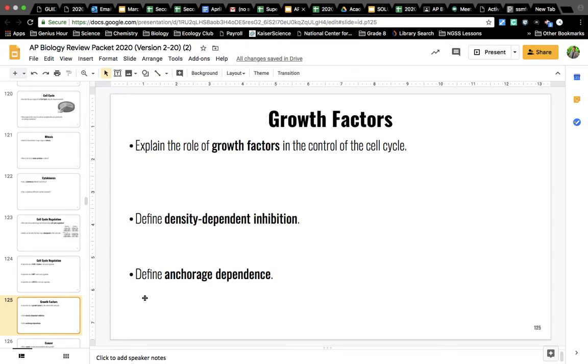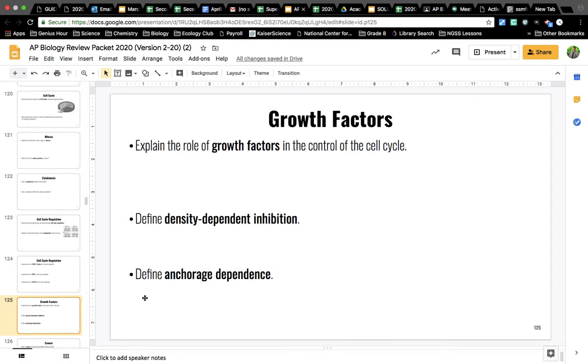Now, density-dependent inhibition and anchorage dependence are very important. So density-dependent inhibition, density, how many things are there? So crowded cells: you place a cell on a petri dish with a growth medium. That cell will continue to divide until all the space has been used up, and then they will stop dividing.